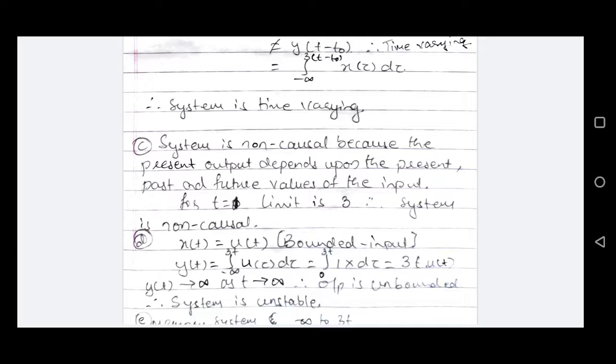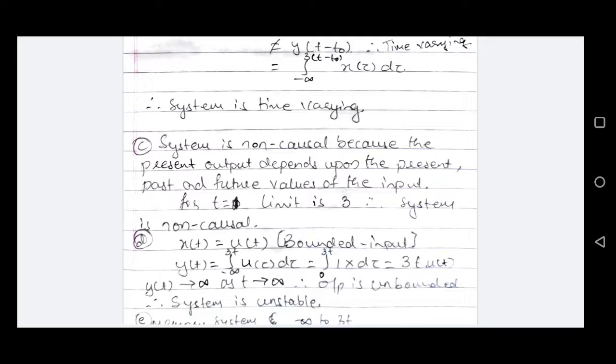Is it a bounded input bounded output stable system? Now, to understand that, let us consider an input signal x of t defined by unit step u of t. u of t is a bounded input. If this is the input to the system, by substituting u of t and simplification, we'll get 3t u of t.